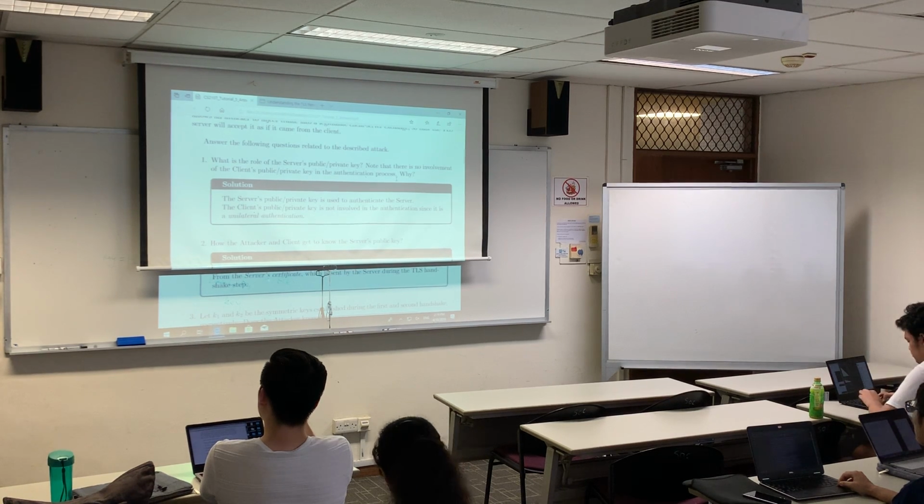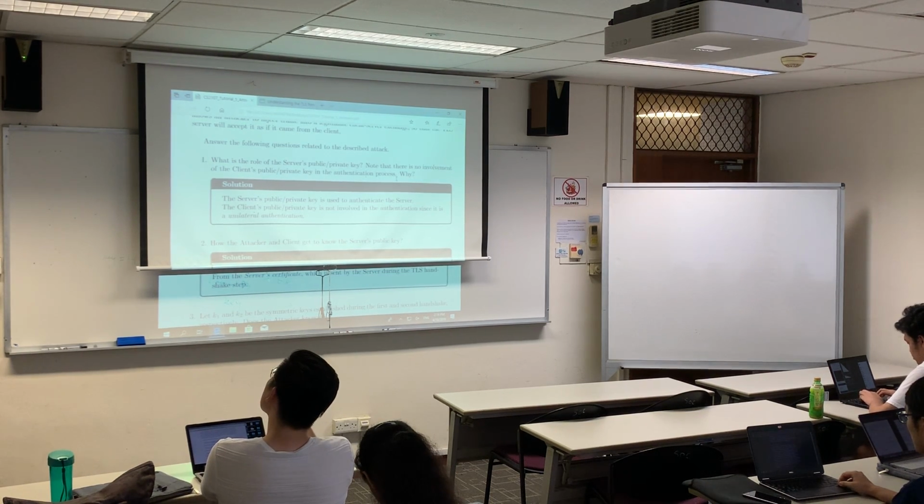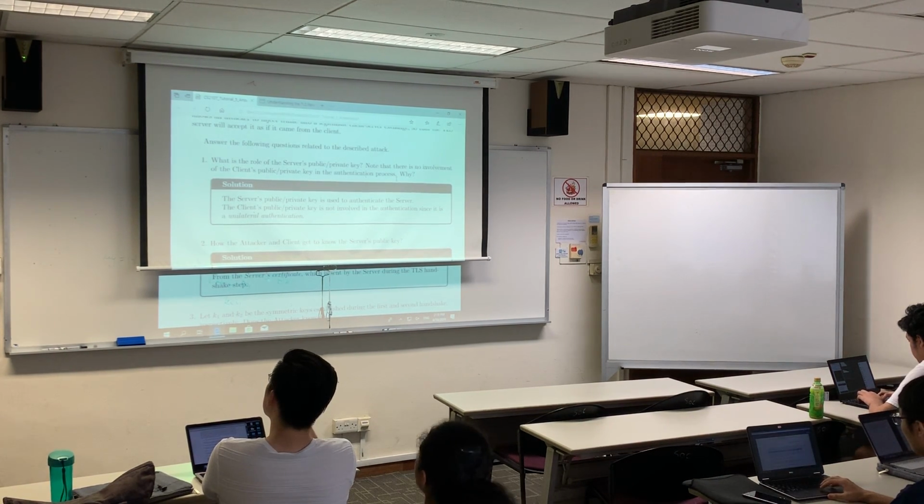Because we have discussed that sometimes we do not need to authenticate the client because it's not necessary. So we do not need the client's public key and private key. But sometimes we discussed that the server needs the client's public key and private key because in some particular scenarios, the server needs to authenticate the clients.